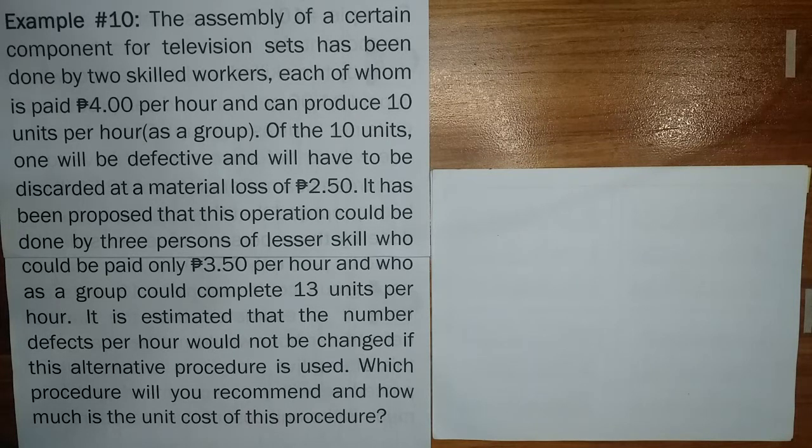It has been proposed that this operation could be done by 3 persons of lesser skill who could be paid only 3 pesos and 50 centavos per hour, and who as a group could complete 13 units per hour. It is estimated that the number of defects per hour would not be changed if this alternative procedure is used. Which procedure will you recommend and how much is the unit cost of this procedure?